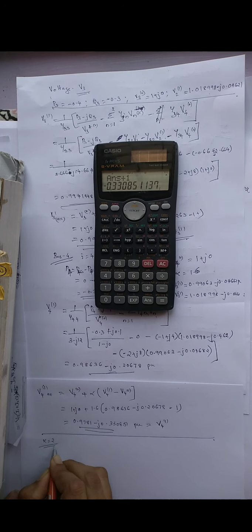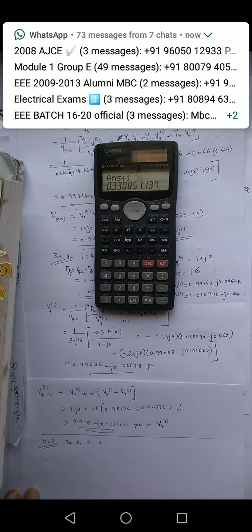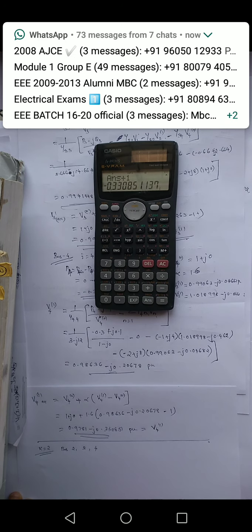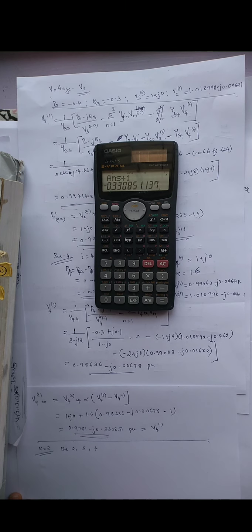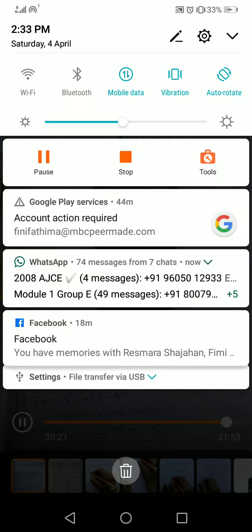In order to find out the accelerated value, again I have to find out V4 1 of accelerated value is equal to V4 0, then we have plus. We already have this equation, see here it was plus, so V4.